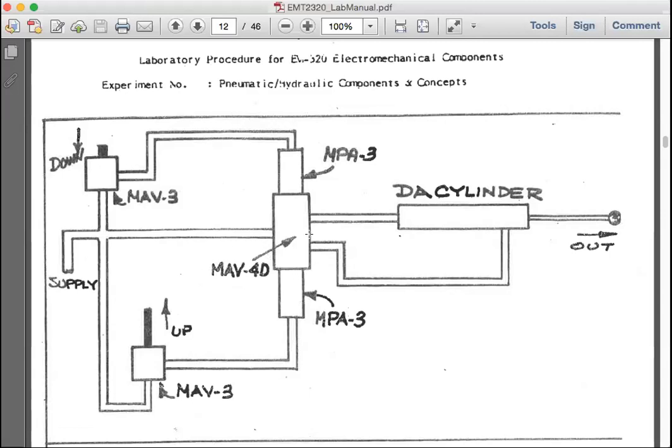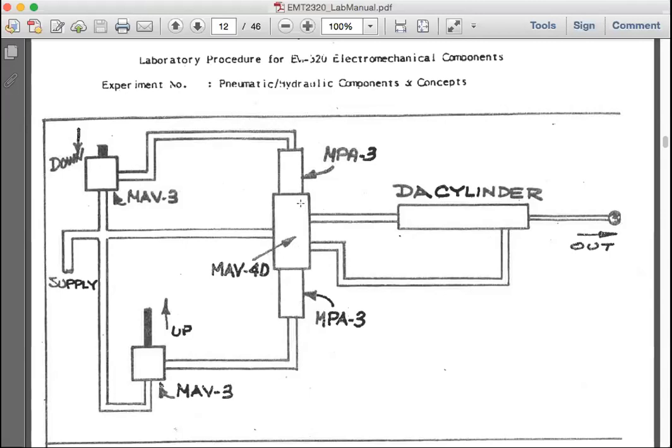That's a 4-way valve with 2 stems, and over both stems there are 2 actuators, MPA and PA. The 4-way valve is connected to a double acting cylinder. The top threaded opening goes to the left side of the cylinder, and the bottom threaded opening from the 4-way valve goes to the right chamber of the cylinder.